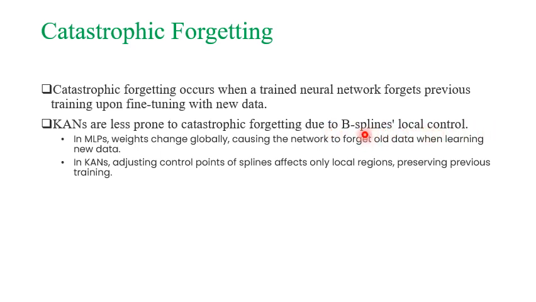As I discussed at the start of this video, the main advantage of the spline is local adaptability, and changes are only manifested in the neighborhood, and their effect is not global. That's why KANs are less prone to catastrophic forgetting. In multi-layer perceptron, weights change globally, causing the network to forget old data when learning new data. Okay, I think this is clear. In KAN, due to local adaptability, we don't have this problem.